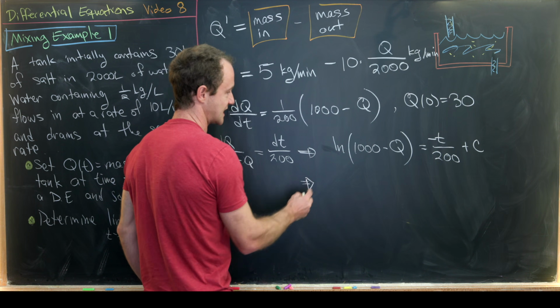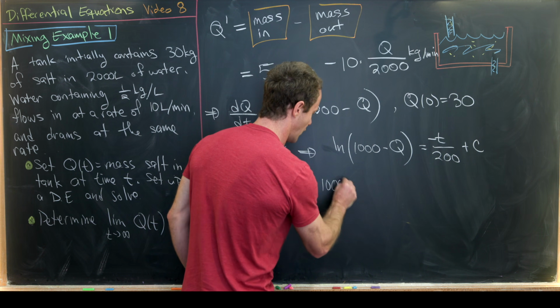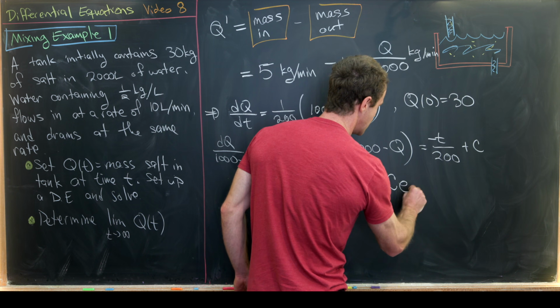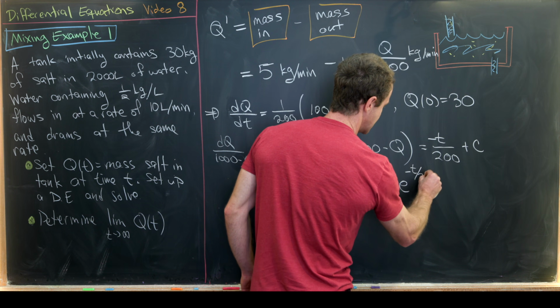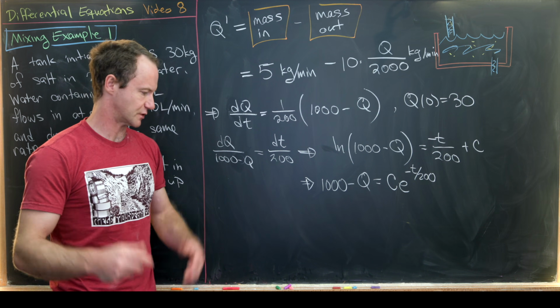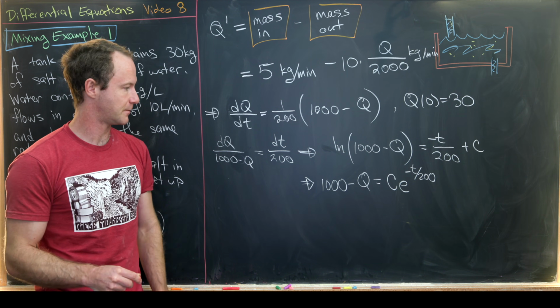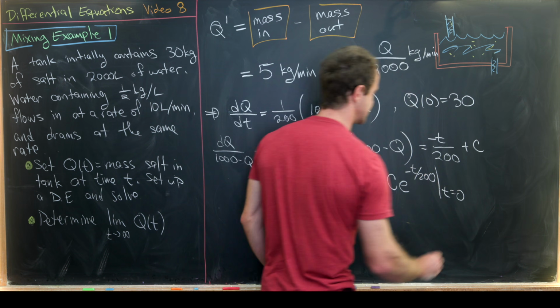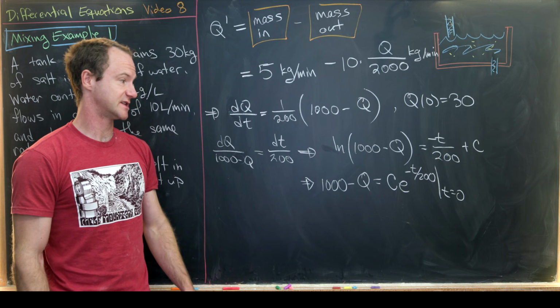So next up, we'll exponentiate both sides, giving us 1,000 minus q equals some new constant, e to the minus t over 200, where we're using that rule of absorbing constants as needed. Now, next we can plug in t equals 0 to solve for c.